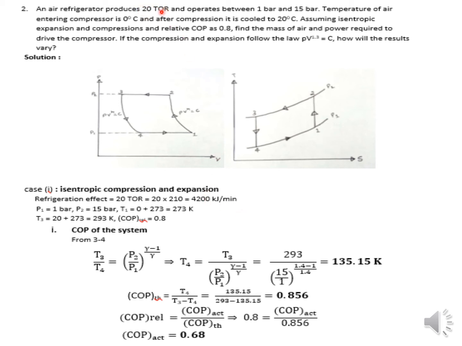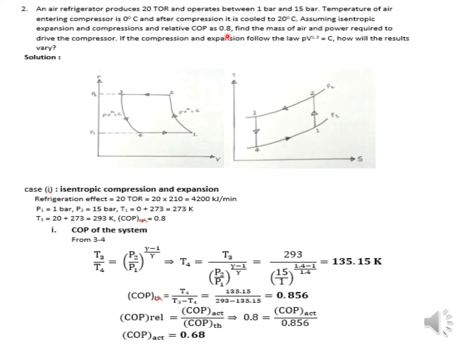Here also one given data we have got, and it operates between 1 bar and 15 bar. So P1 is equal to 1 bar, P2 is equal to 15 bar. Assuming isentropic expansion and compression, he has given already, and relative coefficient of performance is 0.8.